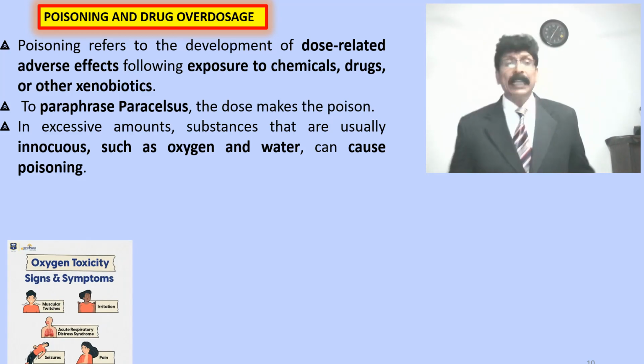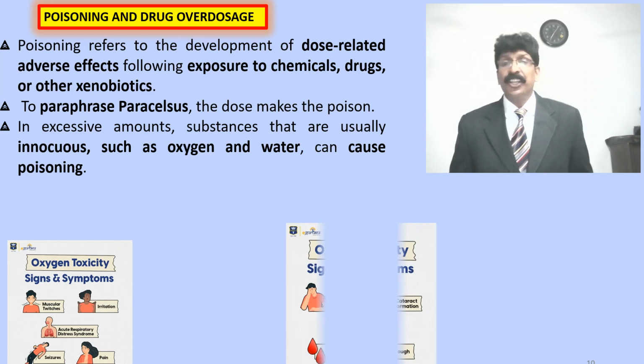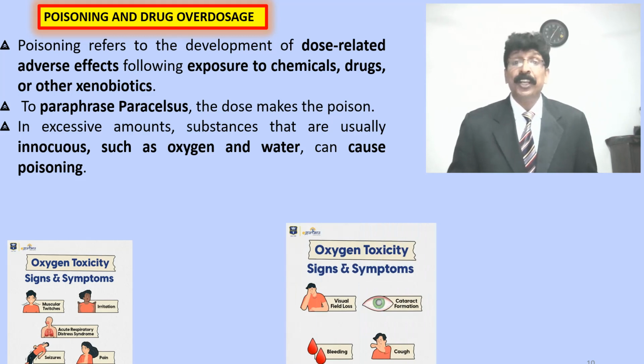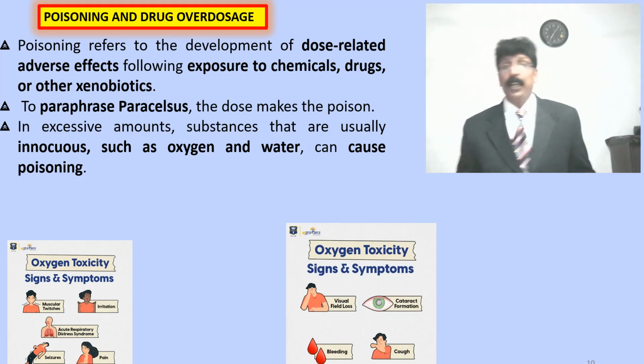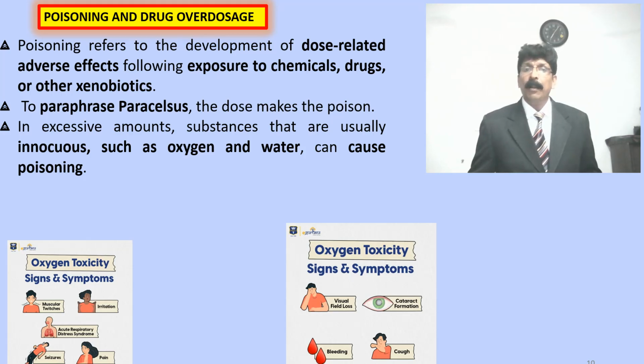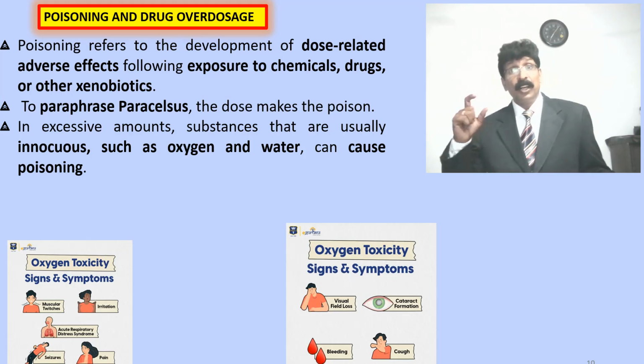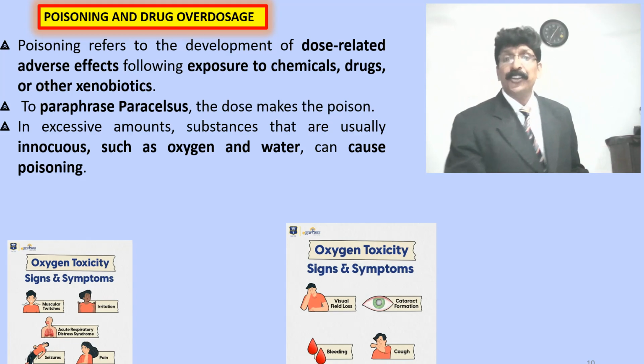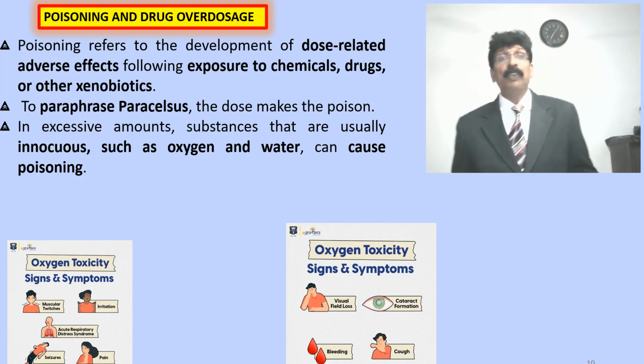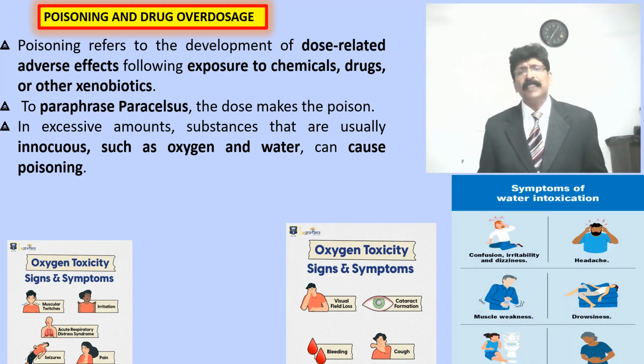he will get irritation, seizures, pain, muscle twitching can also be seen. Even you can see symptoms of visual disturbance, cataract formation, bleeding, cough. These are all some of the poisoning effects of oxygen.